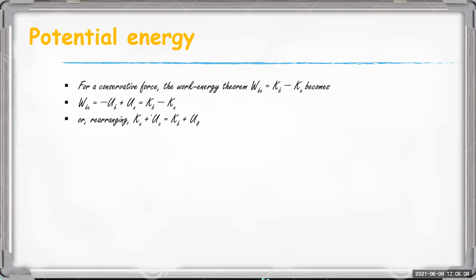KA is the kinetic energy and UA is the potential energy. The left side is the sum of kinetic energy and potential energy at the point A, and the right side is the sum of kinetic energy and potential energy at the position RB.